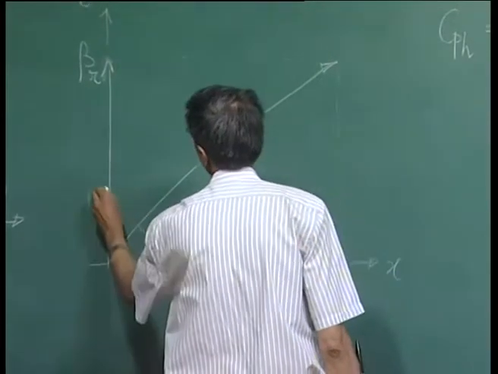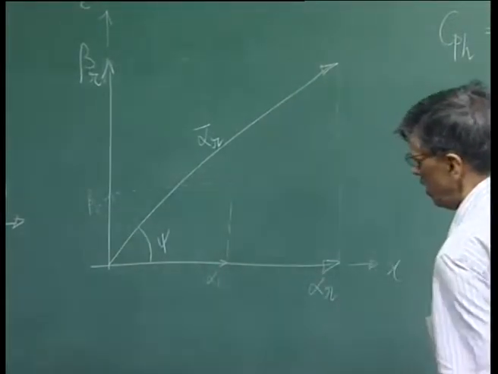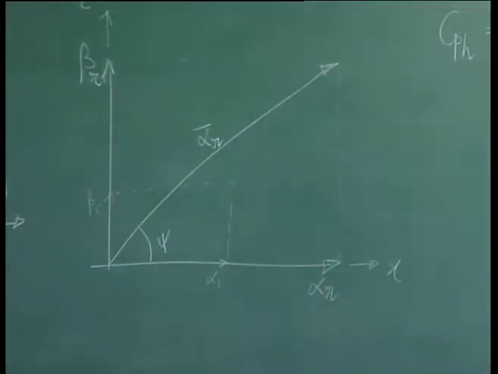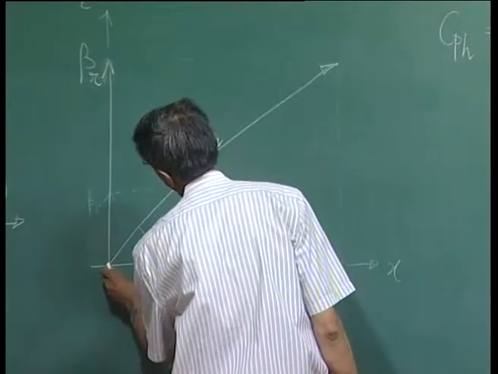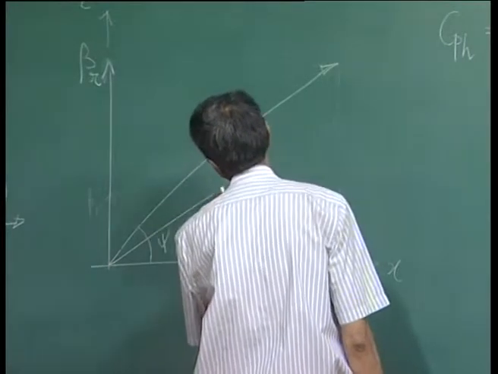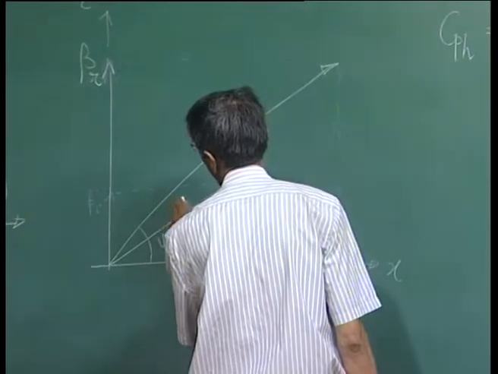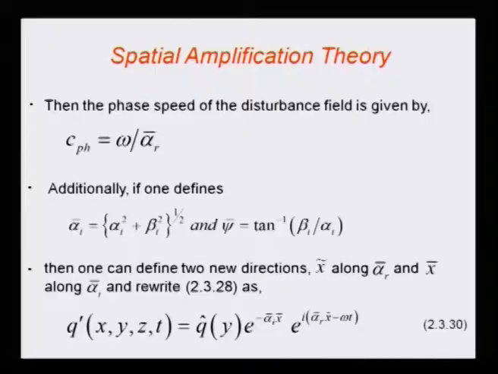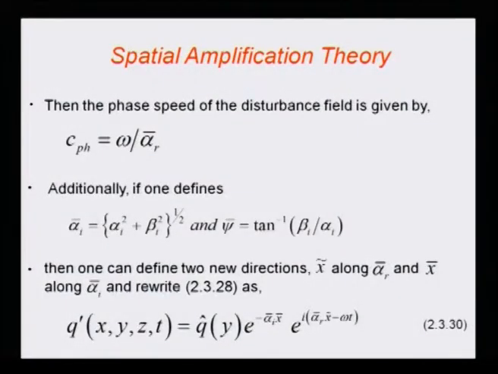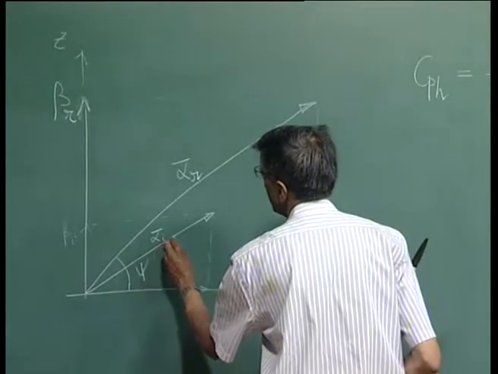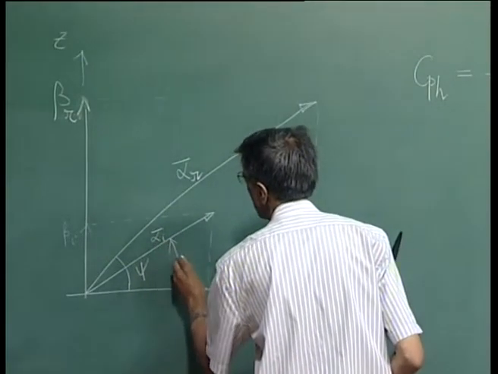Then I can identify a resultant quantity, which I will call alpha I bar. Alpha I bar, as you can see, is the square root of alpha I square plus beta I square. And then I can talk about this angle as psi bar.